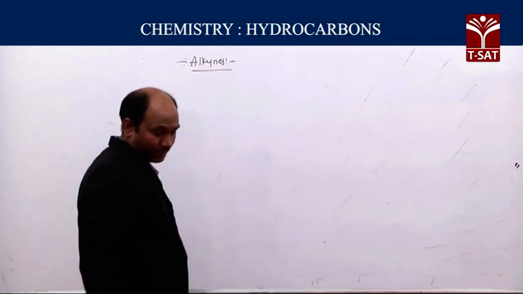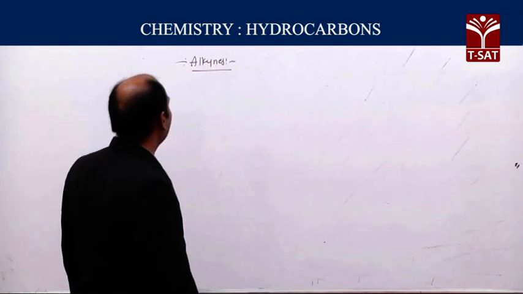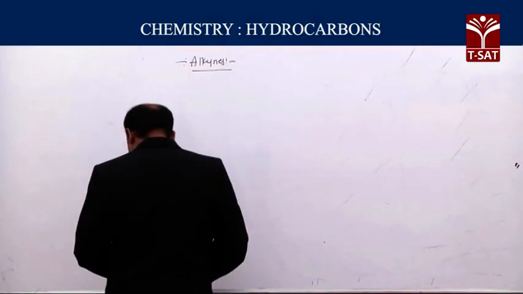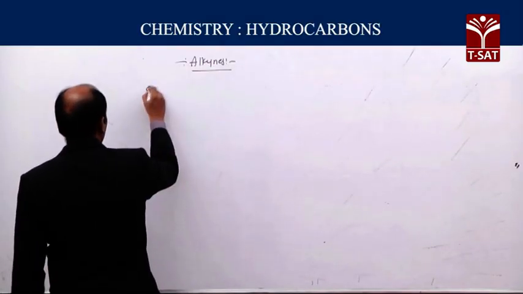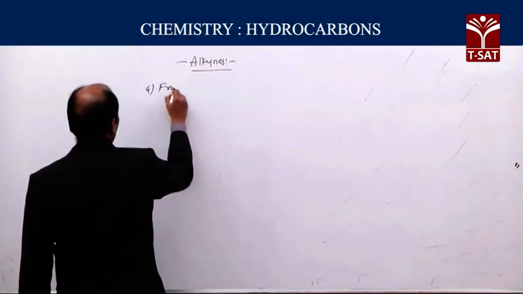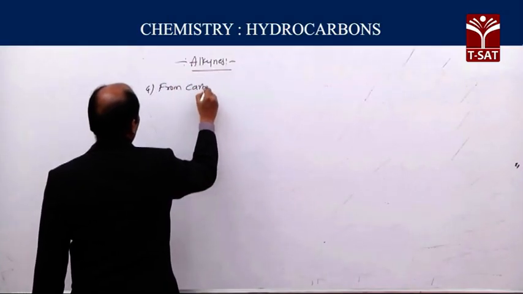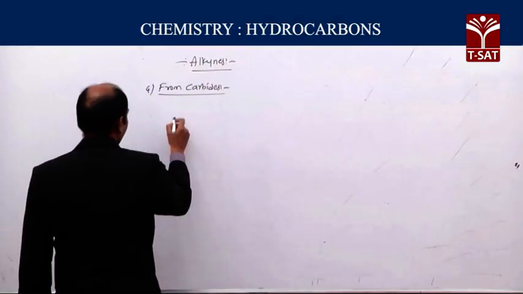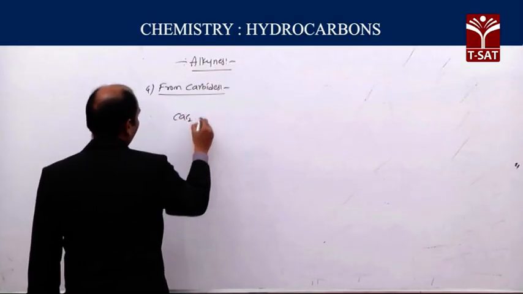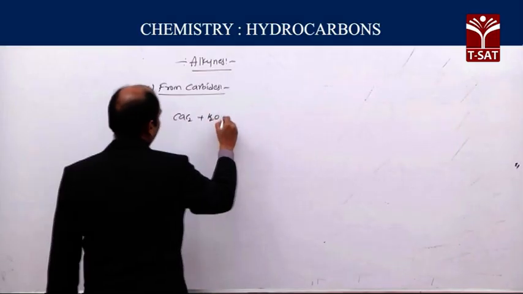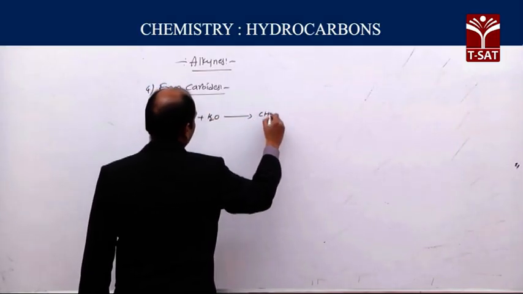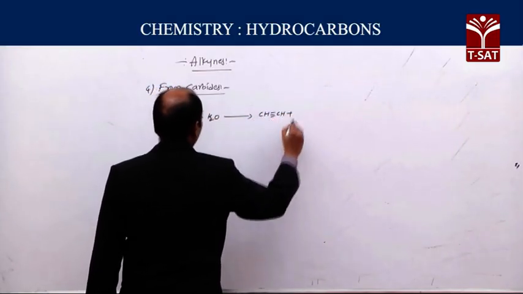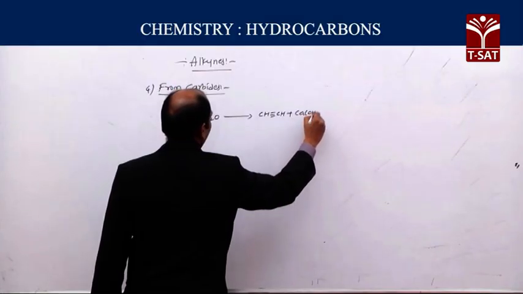First one is dihalogenated compounds, second is trihalogenated compounds, third is tetrahalogenated compounds, and the fourth one is from carbides. Calcium carbide, CaC2, on hydrolysis gives CH triple bond CH plus calcium hydroxide.